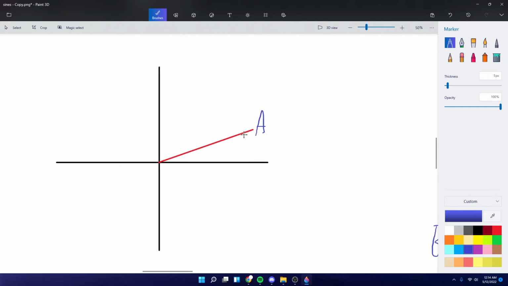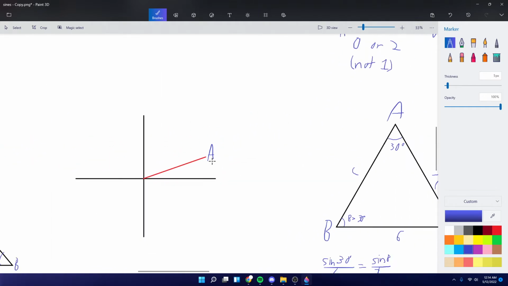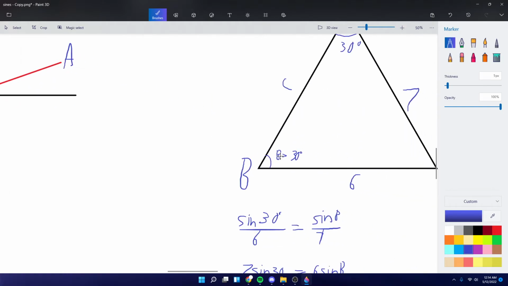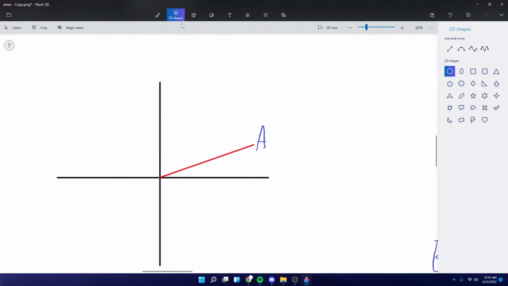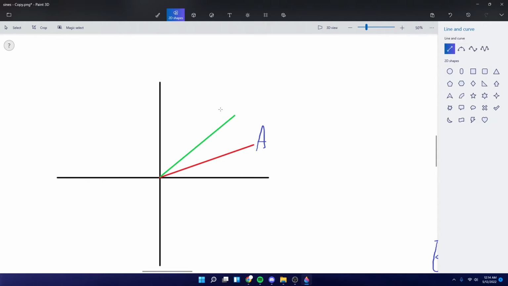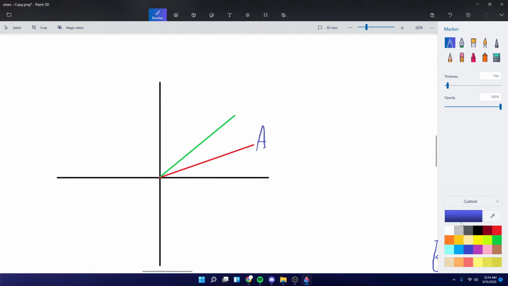So this is angle A, which is 30 degrees. And so we know that angle B is going to be greater than that, so I'll just draw that. We don't know what it is, we just know it's greater. Assume it's like this or something. So this is angle B, right? And then sine B equals, what was it? I think 0.583.